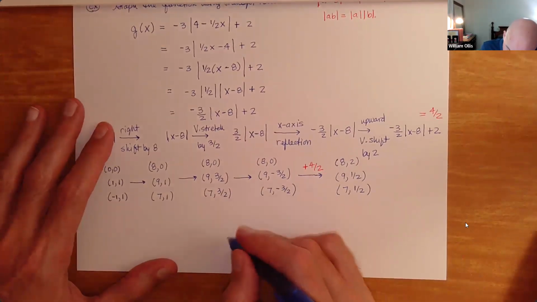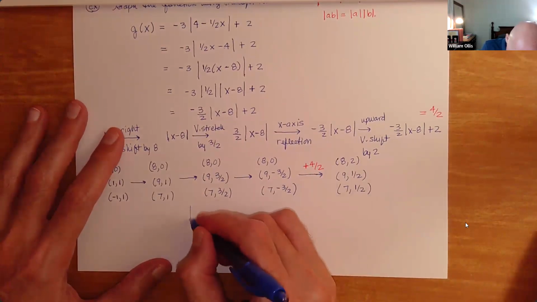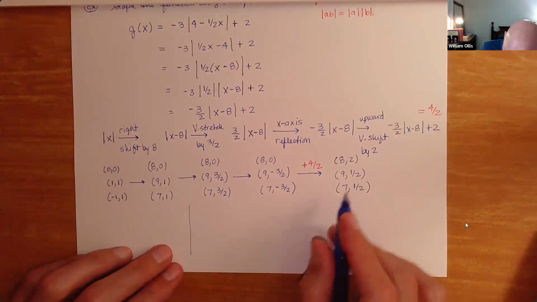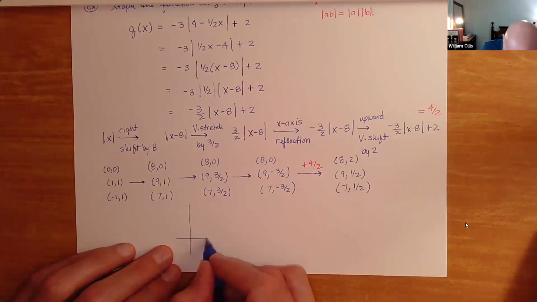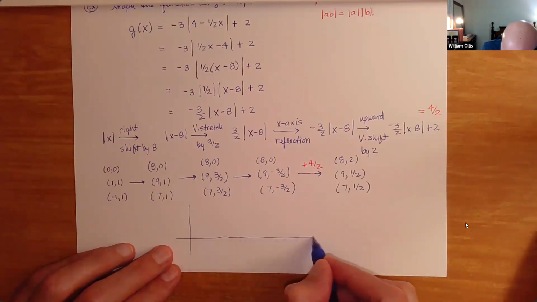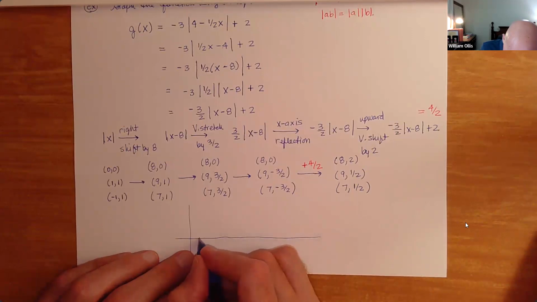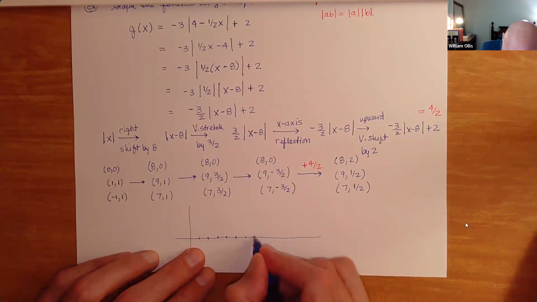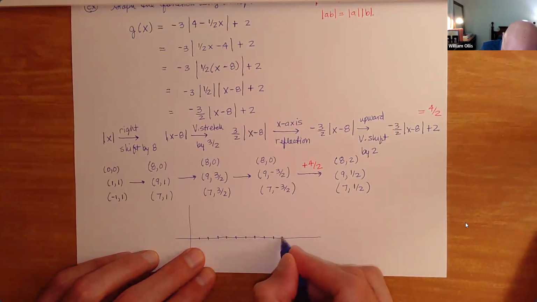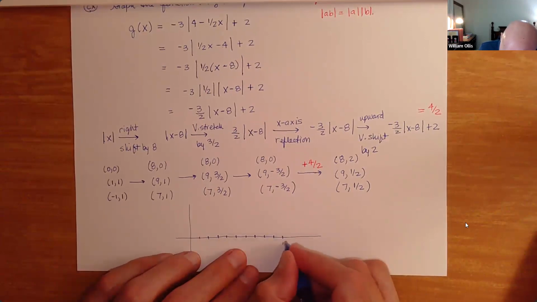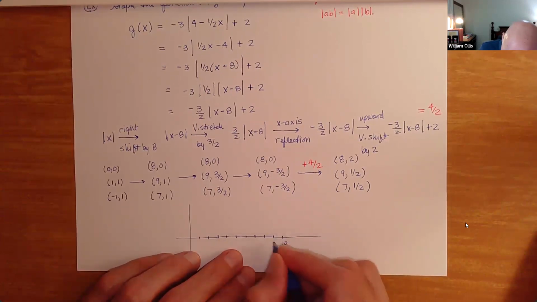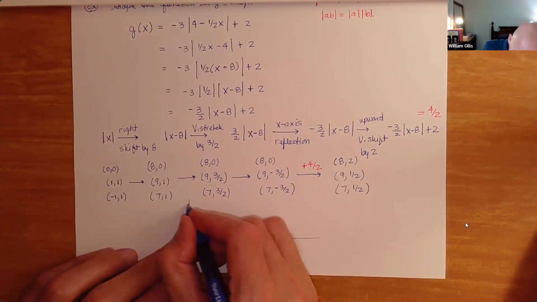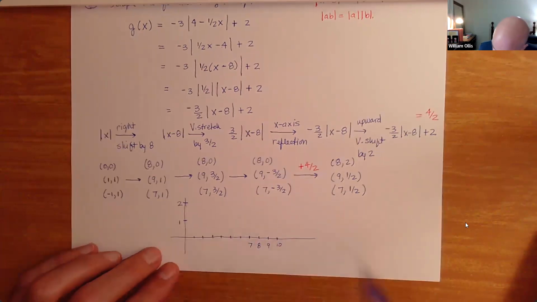So now we can draw our new graph. It's just moved over, and it's stretched in the horizontal direction. So again, you can do like a 1, 2, 3, 4, 5, 6, 7, 8, 9, 10. Of course, that's not really necessary, but we'll just go ahead and do this, and we'll stretch out the other axis a little bit. And we'll just do a 1 and a 2 to spread this out a little bit.